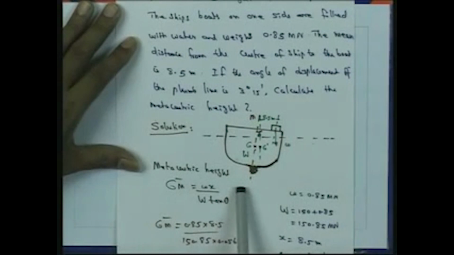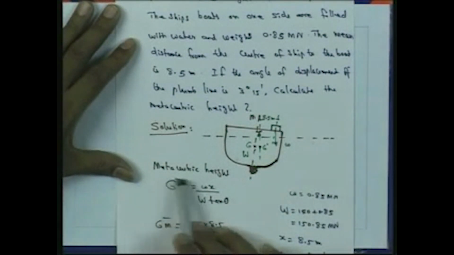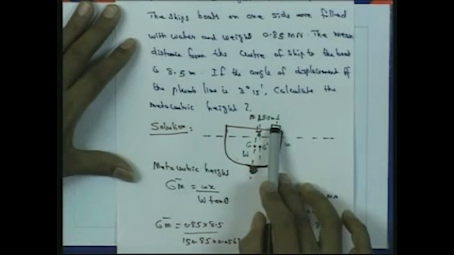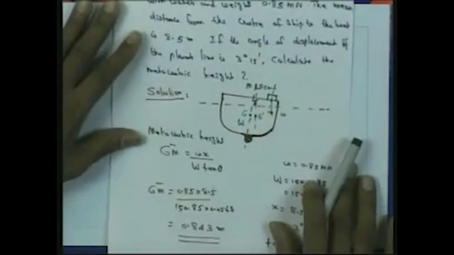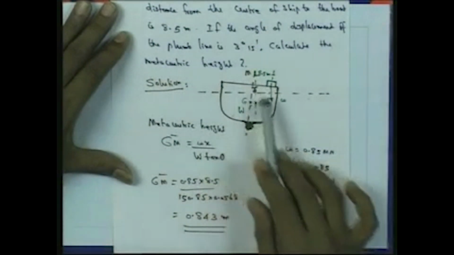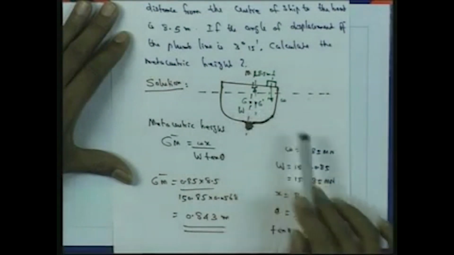As per the previous derivation we have seen earlier, the metacentric height GM is equal to small w, the weight of the boat, into this distance x, divided by capital W tan theta. Here small w is the weight of the boat, which is 0.85, and capital W is the total weight of the ship plus the boat.